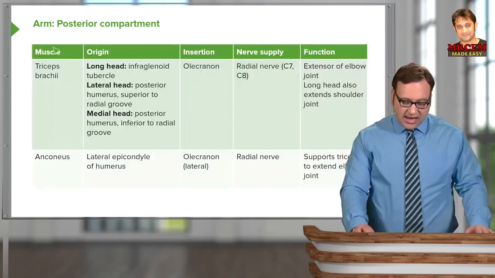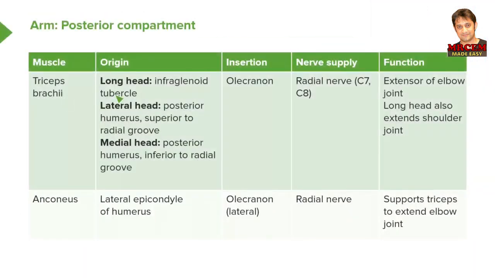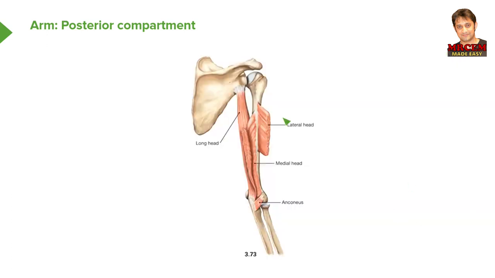So if we look at the detail, we've got triceps brachii, we've got the long head coming from the infraglenoid tubercle, we've got the lateral head and medial head. The lateral head is coming from the posterior humerus, superior to the radial groove. So if we look here, this is the radial groove running down here.